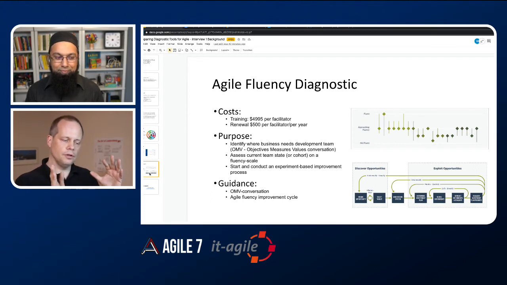And after the conversation with management, you know which fluency zone best applies to the business that they are dealing with. Then you do the assessment with one or more teams, and then you come up with an improvement plan. So it's not only doing the diagnostic, but it's also providing an improvement plan and providing an investment plan.